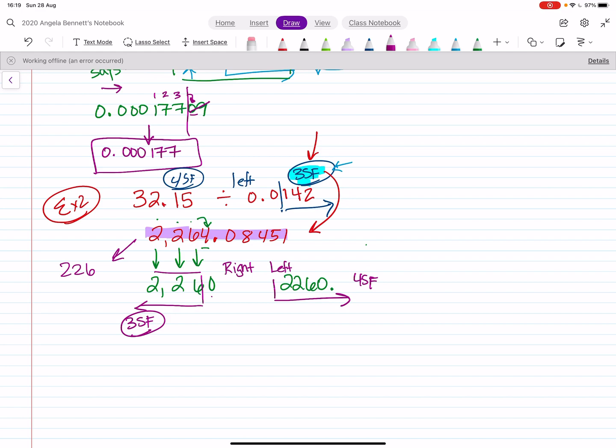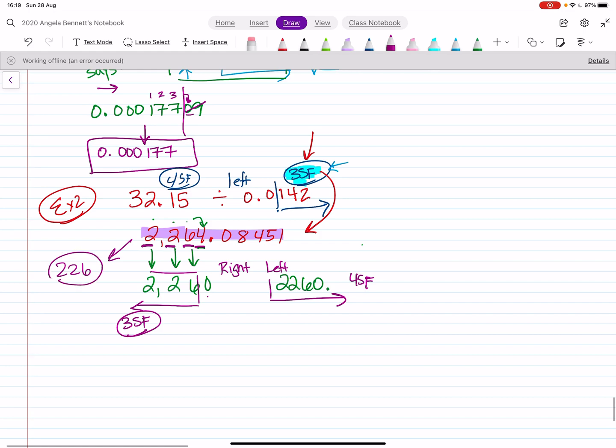No, think about it. Does 2,264, because basically what we're doing is rounding, does it round to 226? No, it does not. But 2,264, if I'm only allowed to have 3 sig figs, does round to 2,260. And so that's why your answer is 2,260 with no decimal point.